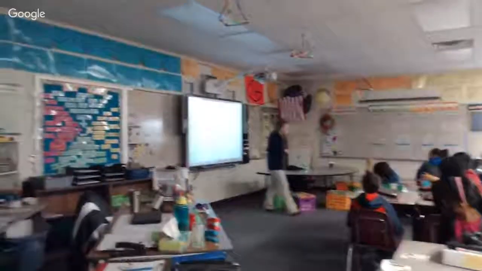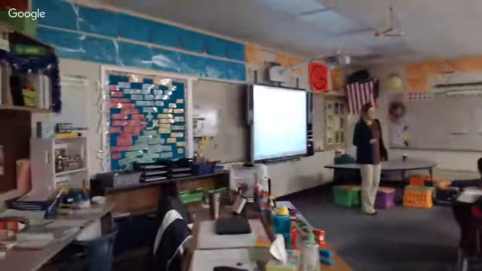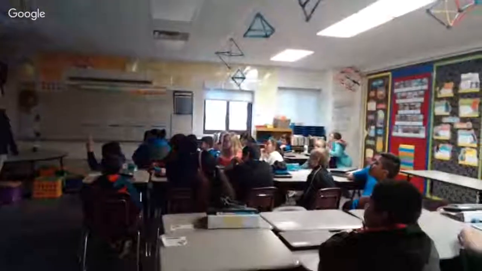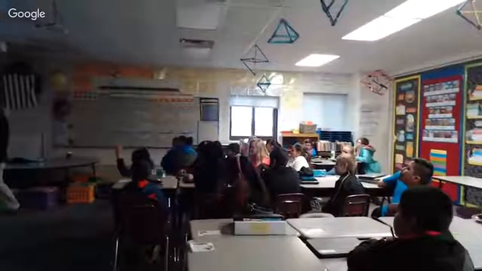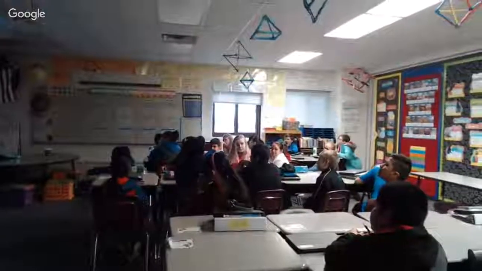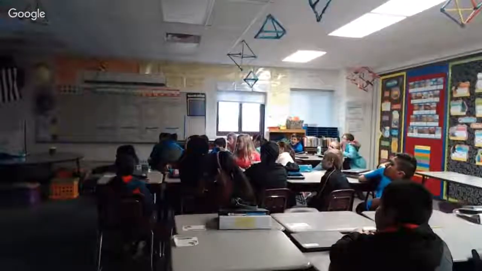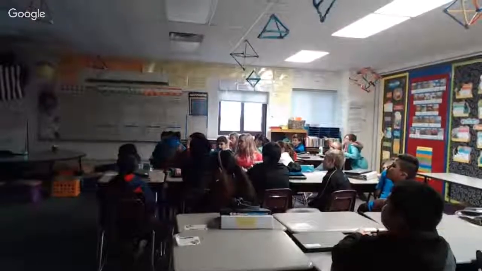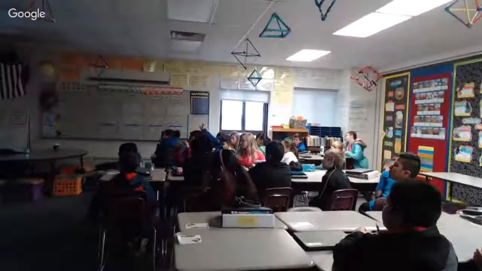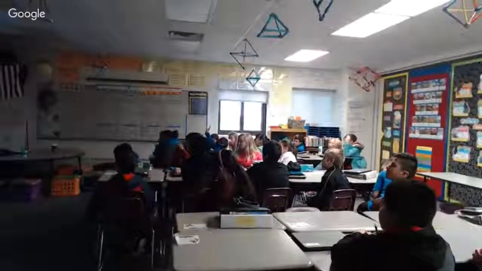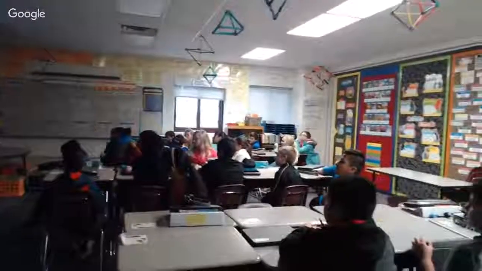553 times 100. What do I do to solve this? What do I get? We're multiplying by zeros. What am I supposed to do, Caesar? 2 zeros on hold. We're going to put them on hold, and then I'm going to do what? 53. And then? Put down zeros. Put down my zeros.